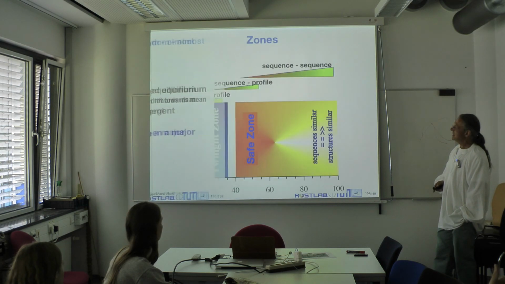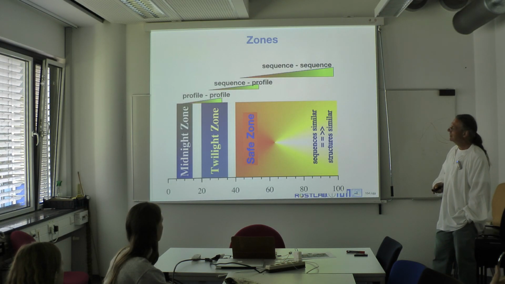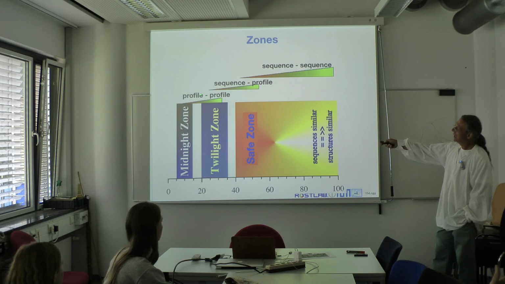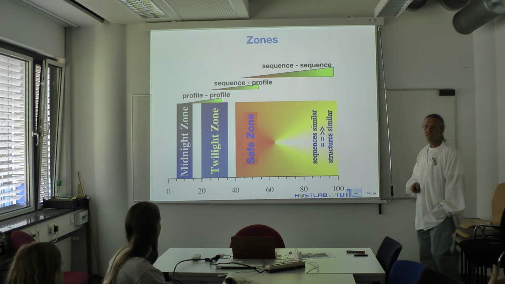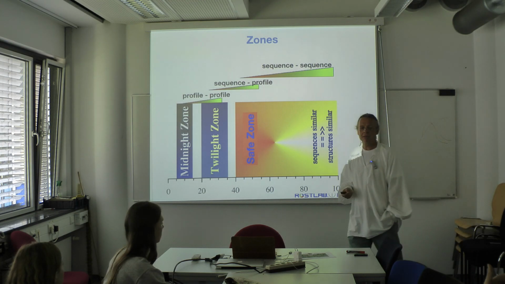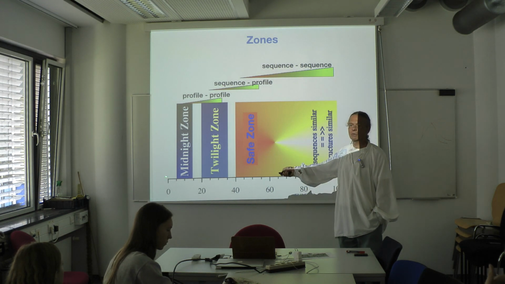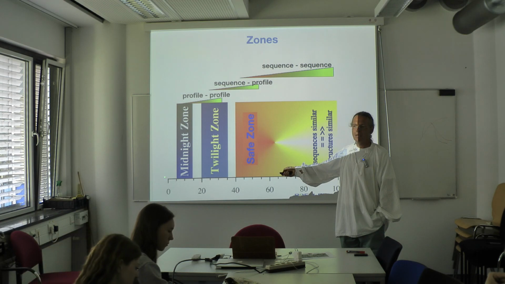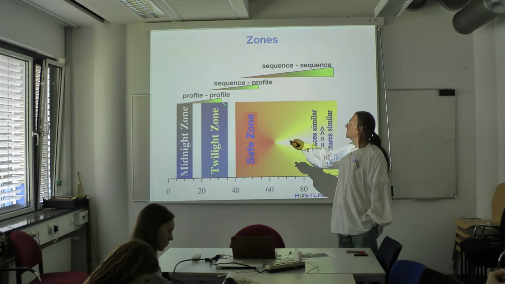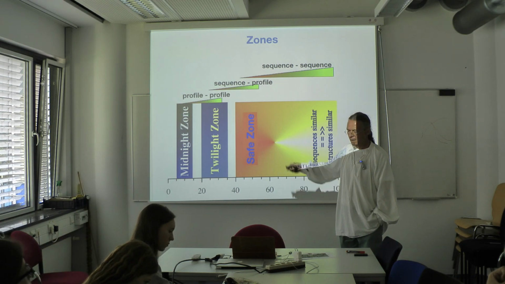But it also means, and that is what I really made this for, that the midnight zone is really where we want to get. Most pairs of proteins that have similar structures are here. And at best we can reach this with profile comparisons.